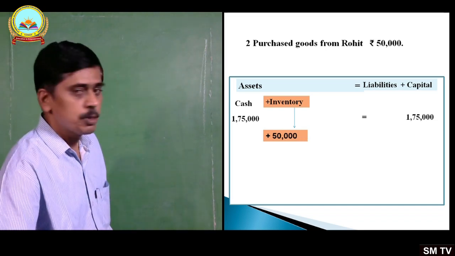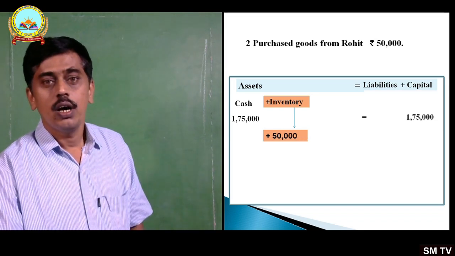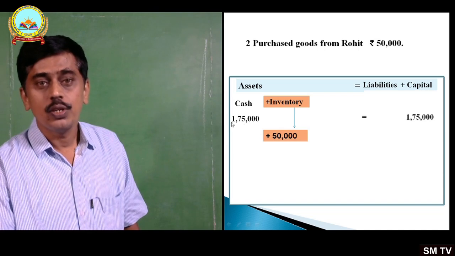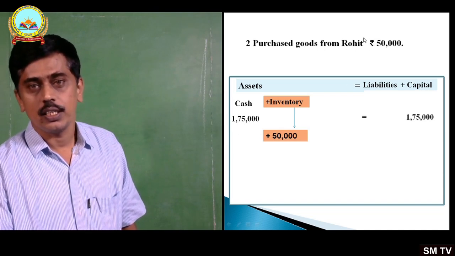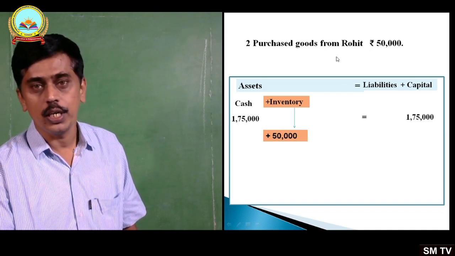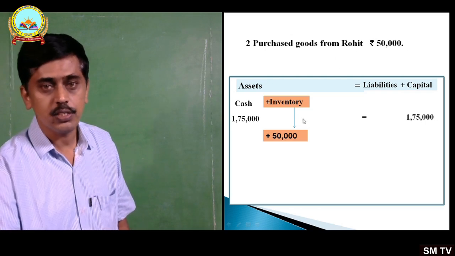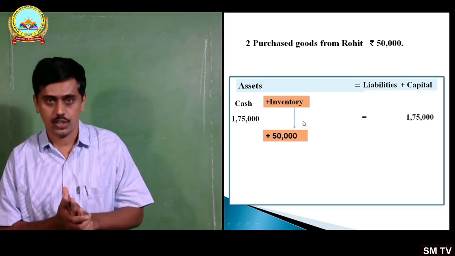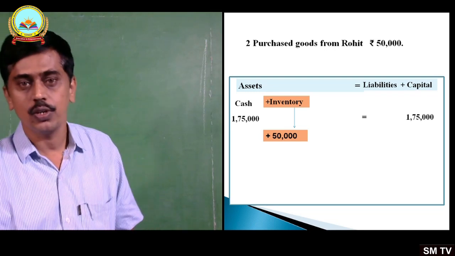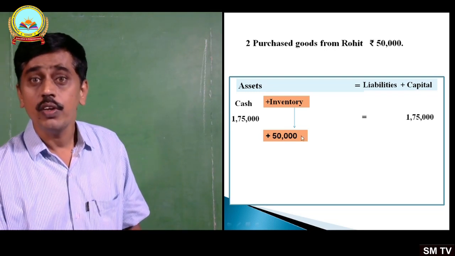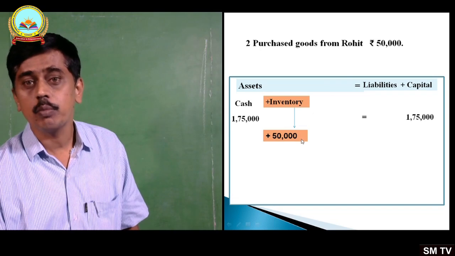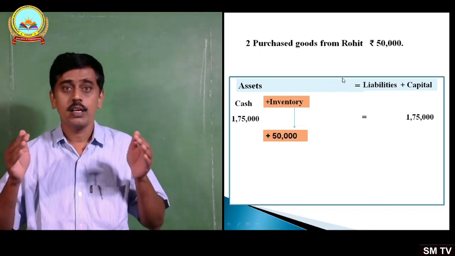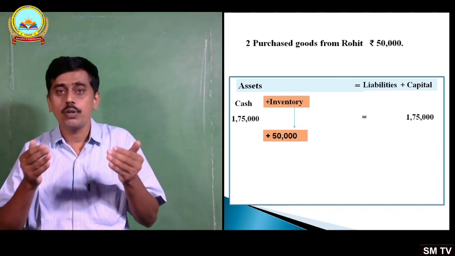Does it affect cash? No, it is a credit transaction. It is purchased from Rohit, so it is a credit transaction. So Rohit becomes our creditor because we are supposed to pay 50,000 rupees to Rohit.